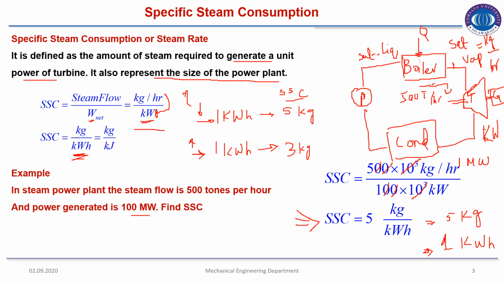Now we will look at how the specific steam consumption relates to the size of the power plant. We know that efficiency and size of power plant are inversely proportional to each other. For example, consider this is the size of one power plant and another power plant that is a little bigger in size, and suppose they are producing the same amount of power.